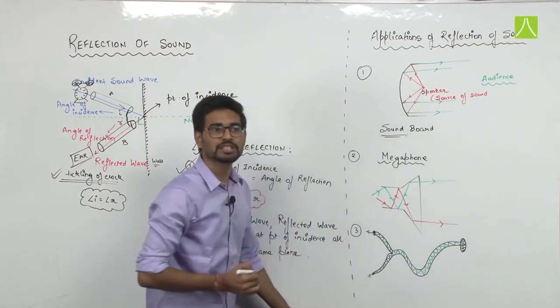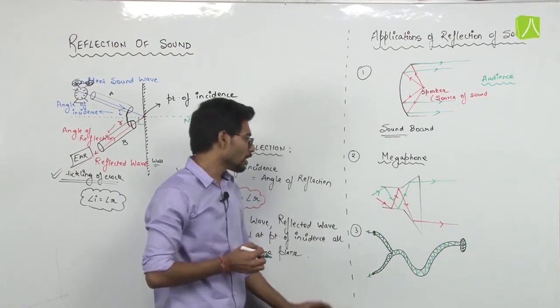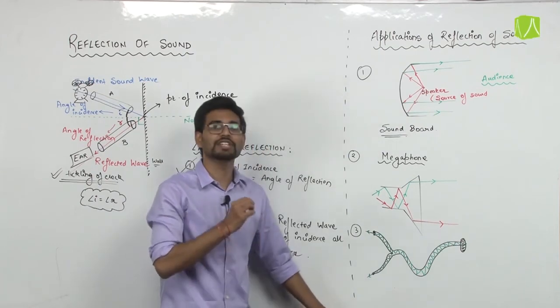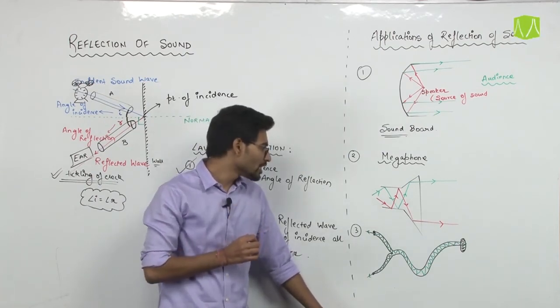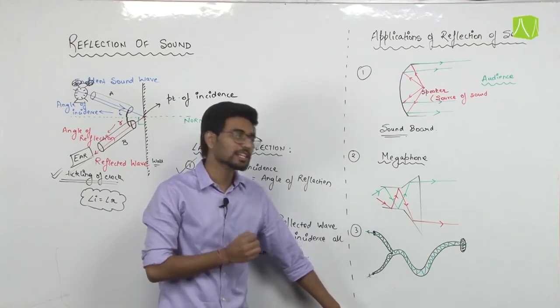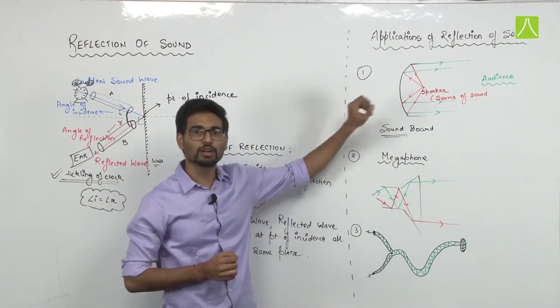The sound reaches the ears of the doctor, so there will be a clear sound of the heartbeats of the patient. This is how reflection has another application in the medical field, in the stethoscope. This was a megaphone, this was a soundboard.